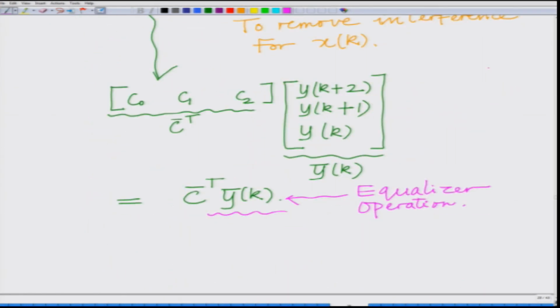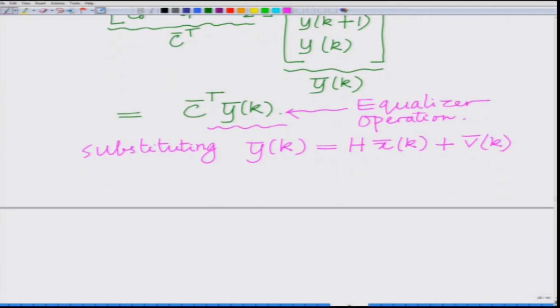So, substituting y bar of k equals H x bar k plus v bar k, I have C bar transpose y bar of k equals C bar transpose times H x bar of k plus v bar of k.